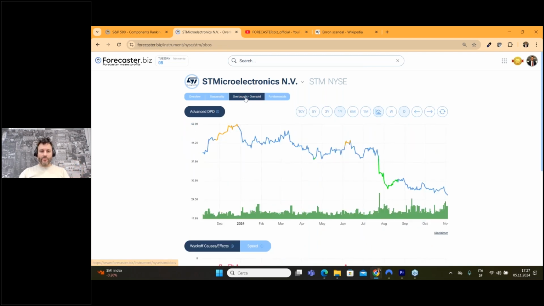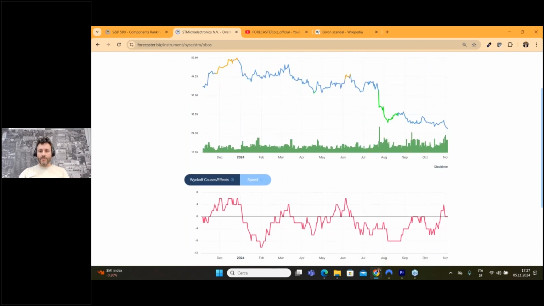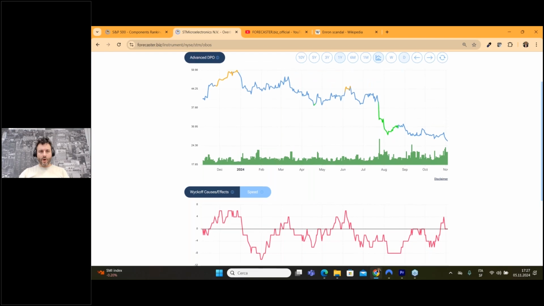If we go to the overbought and oversold section, here we can find something really interesting because look, on this chart, we have three different indicators. One is here, advanced DPO. It's directly on the chart. Very simple. This is an indicator that takes away the trend.